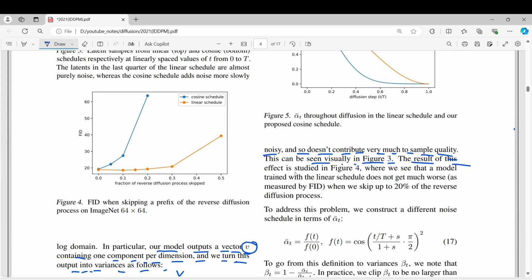The result of this effect is studied in figure 4. Here you can see FID against the fraction of the reverse diffusion process that is skipped.